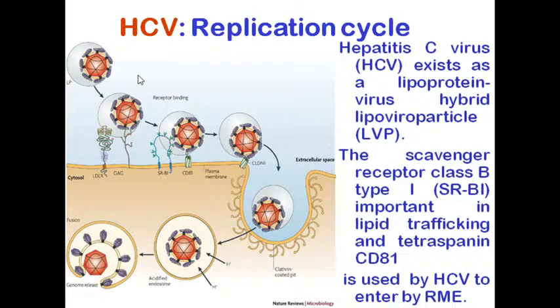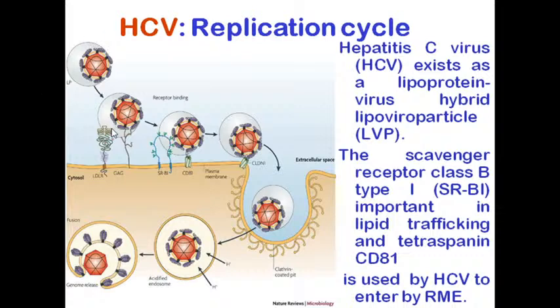So that is the problem with hepatitis C, very low immunogenicity due to the cover with the human low density lipids and very slow multiplication, and as a result very few antigens of the virus will be released and recognized by the immune system.